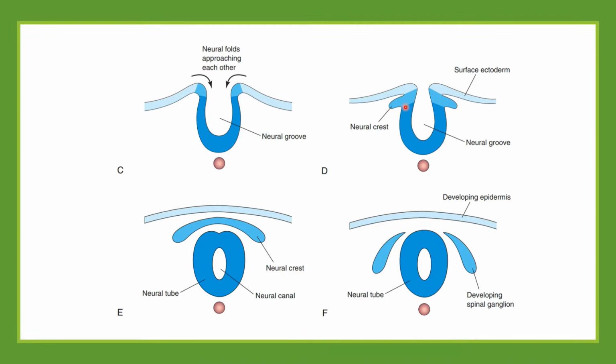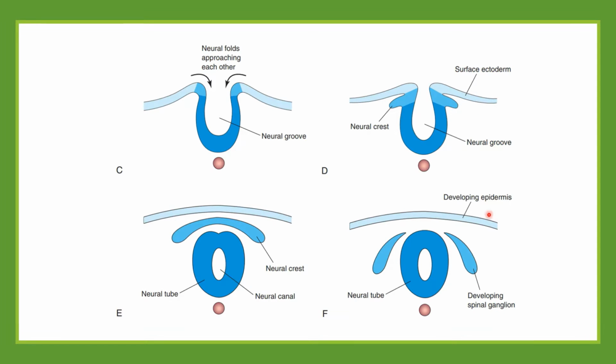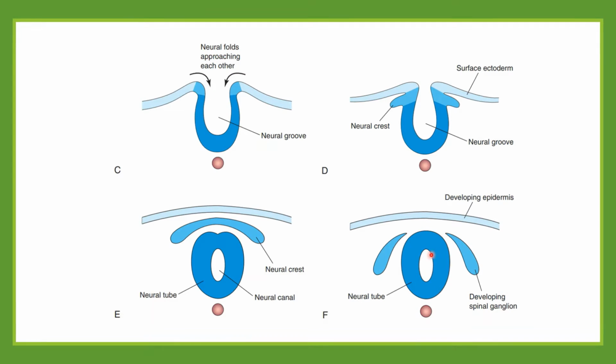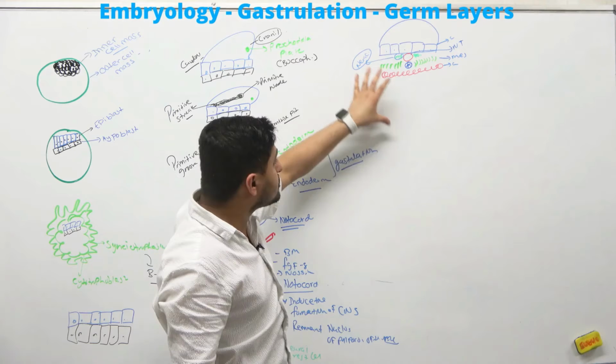This is surface ectoderm. Some of the cells right down here degenerate, and when they degenerate, they form something called the neural crest cells. These cells actually come out and basically form a neural tube. And this is your notochord. So you have to remember this.